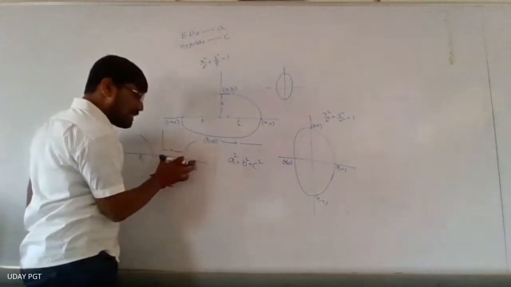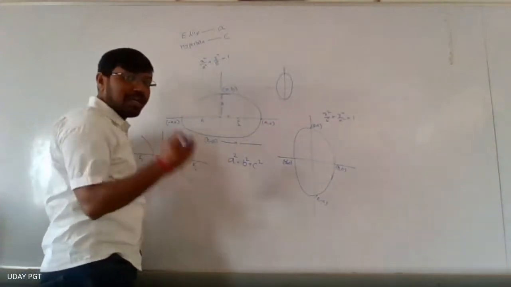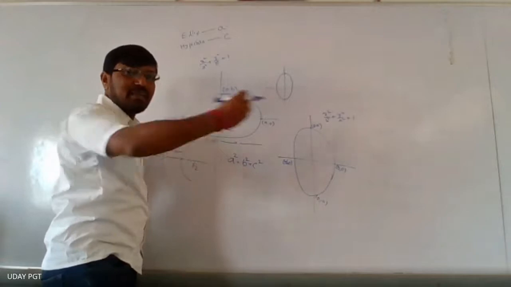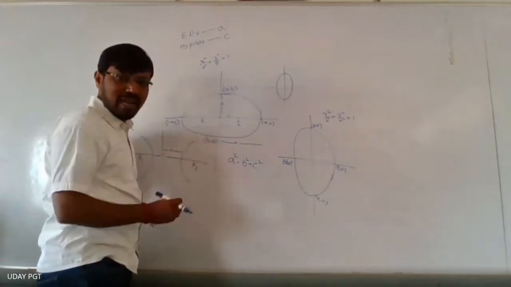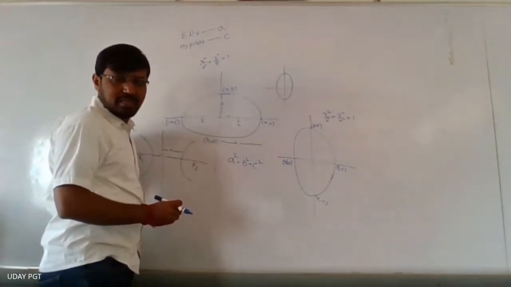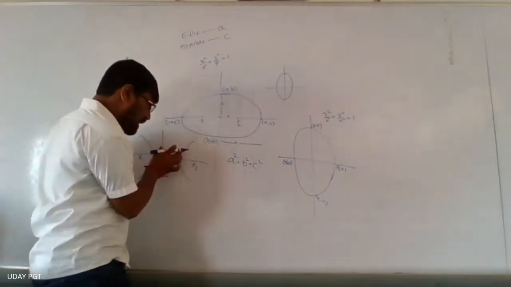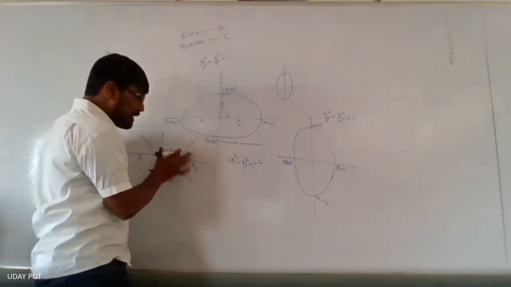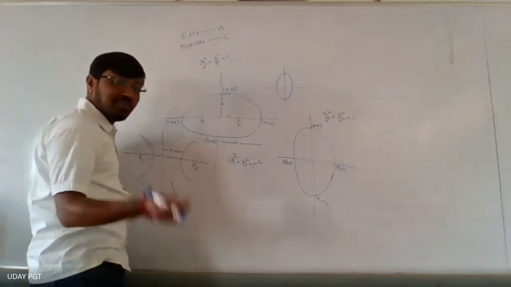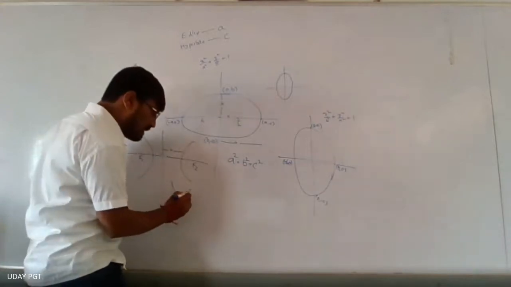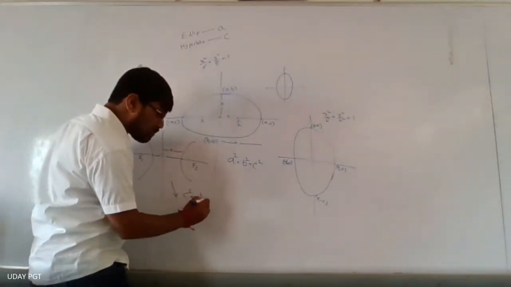It means the center to C distance should be more. I already conveyed this in the previous video. So the vertex is this one. A is smaller, C is more. That's why the relationship between A, B, C in this case is C square equals A square plus B square.